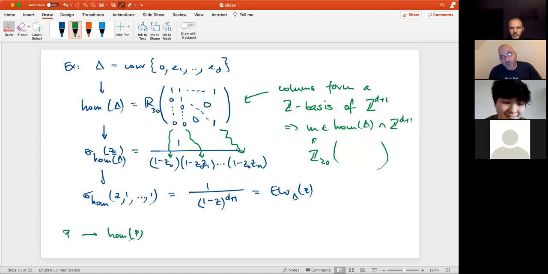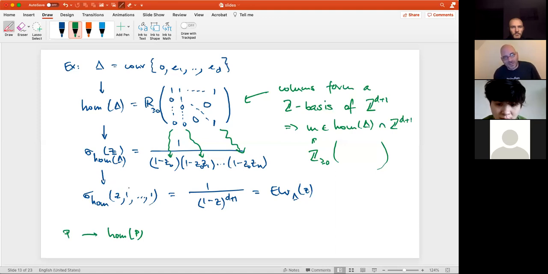I have more generators than the dimension, right? So not only did I, like you said, Jonathan, need this matrix to be unimodular, but in particular I wanted it to be a square matrix, correct? Otherwise, I'm in trouble. Already this is not true for a general polytope P.